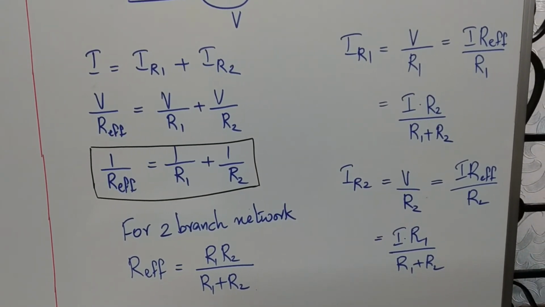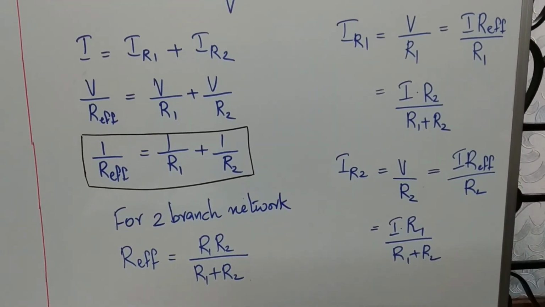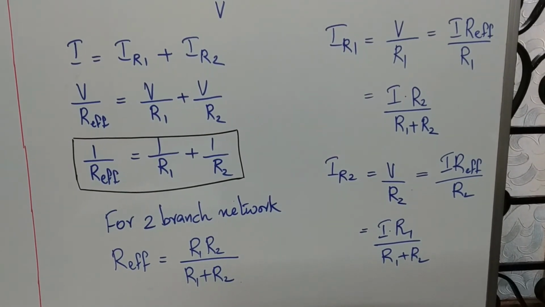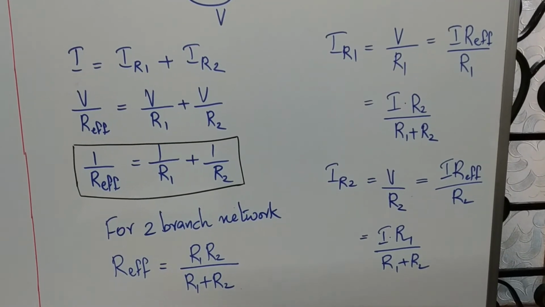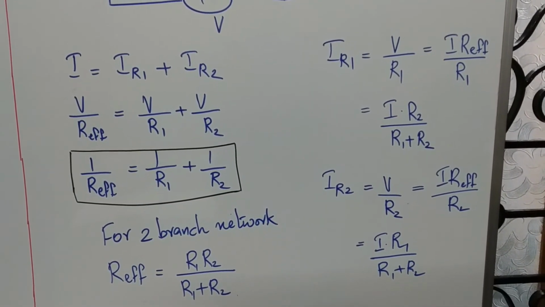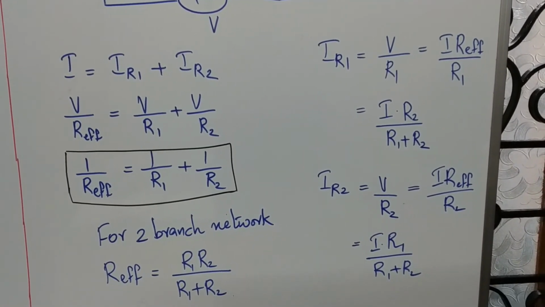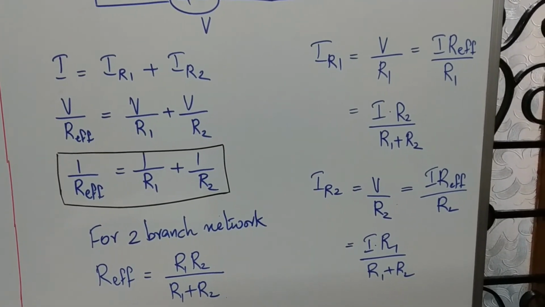For a two-branch parallel circuit, current flowing through one particular branch is equal to total current into opposite branch divided by sum of the resistances.